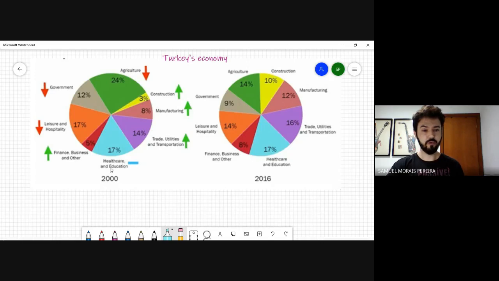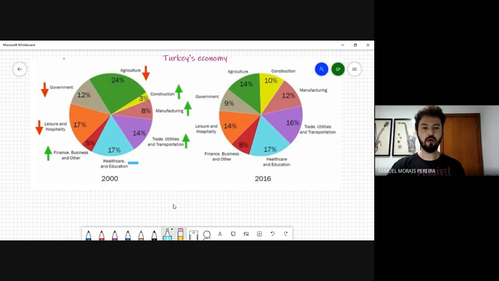And then, for example, this one here is referring to healthcare and education, or saúde, educação. And then this other one here, 14% of the whole represents trade, comércio, and transportation, and blah, blah, blah, okay?